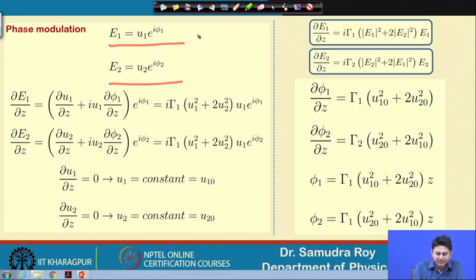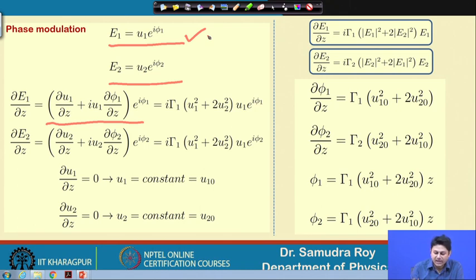So, when we put these things here, dE1/dz, the derivative of E1 with respect to z, will be this quantity, because it is divided into two parts, U1 and e to the power i phi 1, both functions of z. So, dU1/dz plus i U1 dphi1/dz, times e to the power i phi 1, just making a derivative with respect to z of this term.